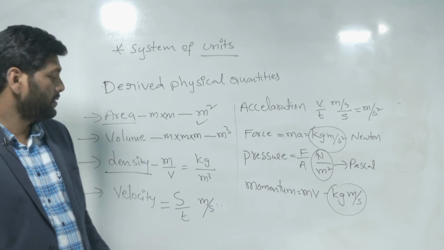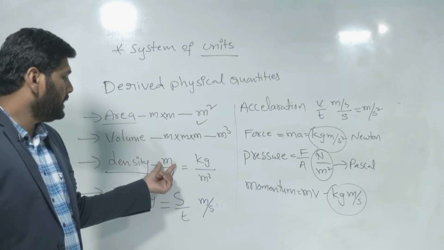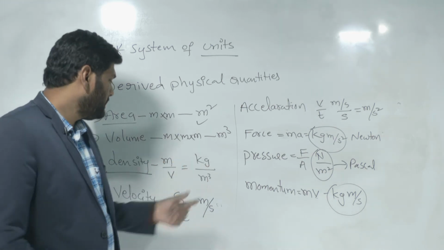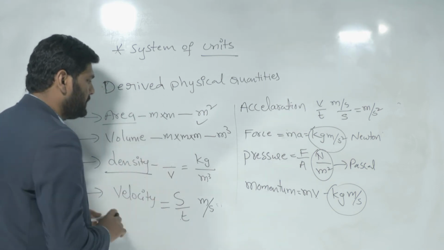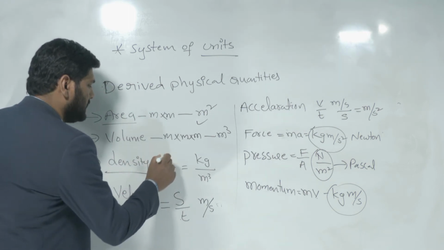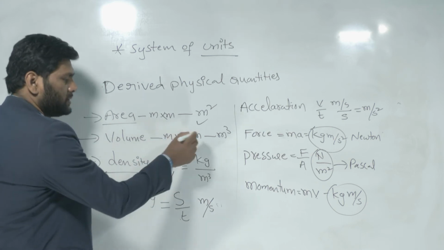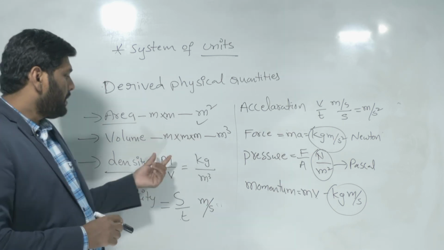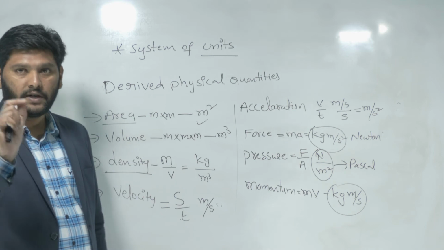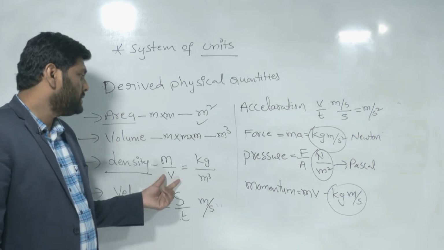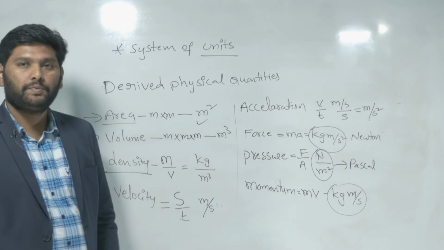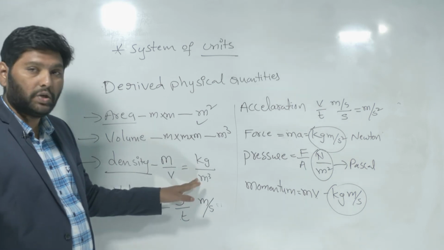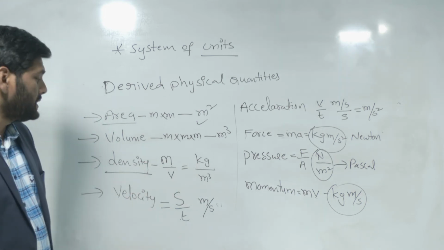Here, let us write capital M for mass to avoid confusion; this is small m. Mass units are kg, that is a fundamental unit, and volume we just derived as meter cube. So kg per meter cube is the density unit.